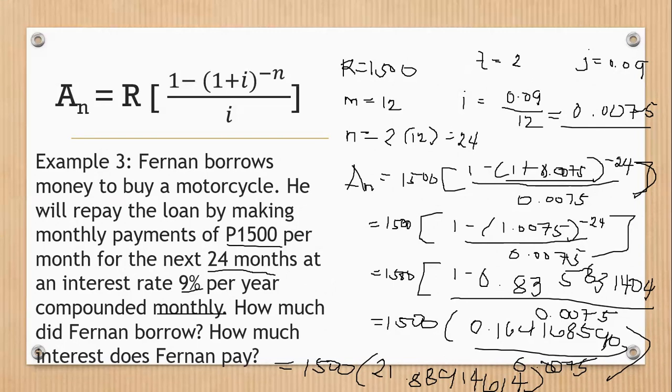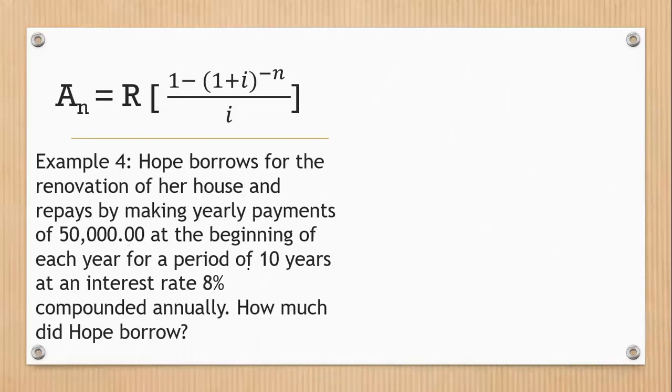So we can have, so Fernand borrow 32,833.72. Ito po ang inutang niya or niloan po niya para makakuha siya ng motorcycle na hinuhulugan niya ng 1,500 per month sa loob po ng 2 years or 24 months.